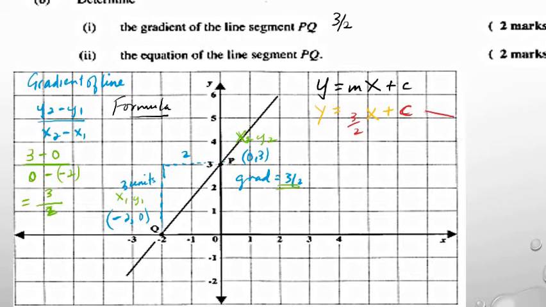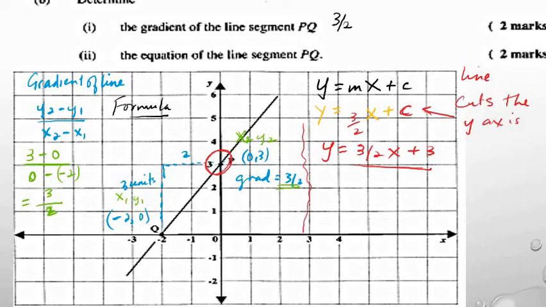And c is the y-intercept, where the line cuts the y-axis. This line PQ cuts the y-axis at 3. So the equation of my line immediately is y is equal to 3 on 2 x plus 3. So that's the first method.